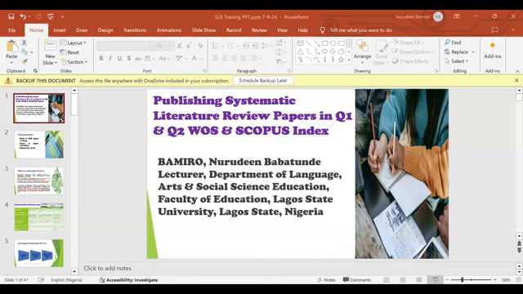But in the case of systematic review, as you all know, it is scientific. And when anything is scientific, we should be able to replicate it. And the process by which you arrive at that product must be transparent. That is what makes systematic review different from the traditional review that we often write.